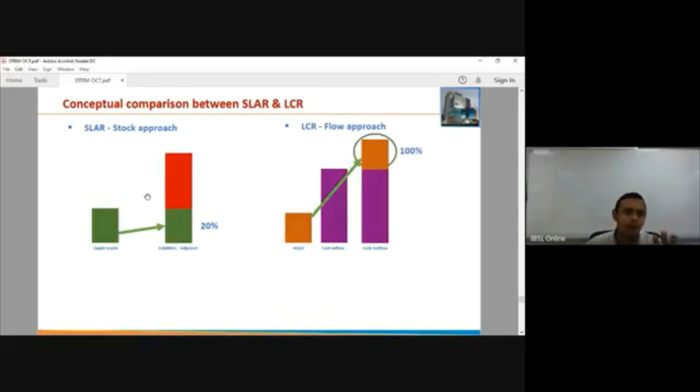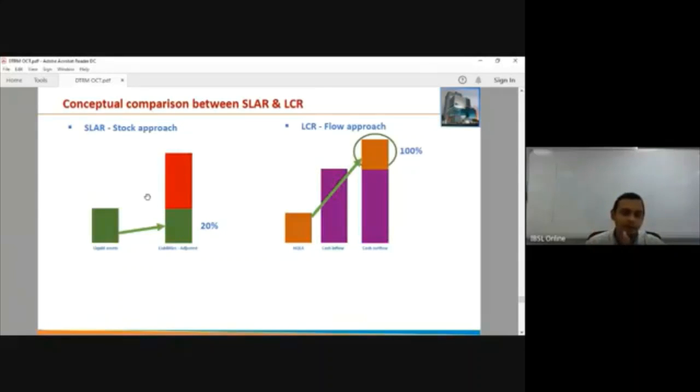For the DBU, out of your DBU balance sheet, you should have 20% liquid assets to cover 20% of your liability. Out of your foreign currency balance sheet, you should have 20% liquid assets to cover 20% of your liability. Say for example, in the DBU you have only 18%, your SLAR today is 18%, and in the FCBU you have 22%.